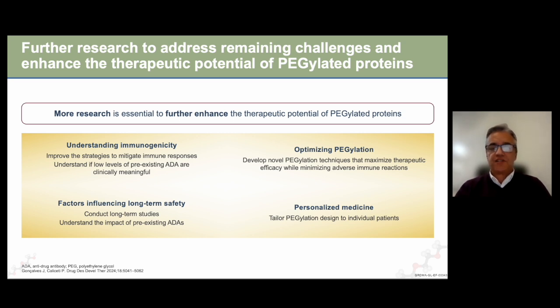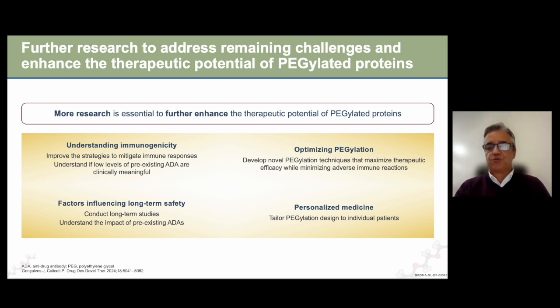Also, other factors that influence long-term safety should be evaluated, and research on long-term studies and understanding the impact of pre-existing ADAs is very important, because we need to understand whether the titer of anti-drug antibodies is maintained over time or is reducing over time in order to evaluate whether you are creating immunogenicity or if you are creating tolerance for that drug.